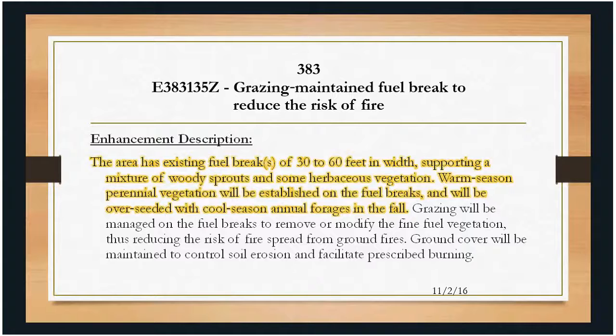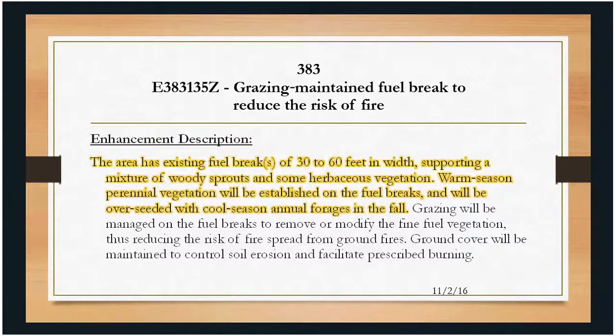It's more than just grazing to manage the fuel breaks, because we're talking about, first of all, having an existing fuel break that you're going to enhance, and then secondly, establishing warm season perennial vegetation, and there aren't a lot of examples of warm seasons that are going to work out for us in a wildland seeding in Utah.